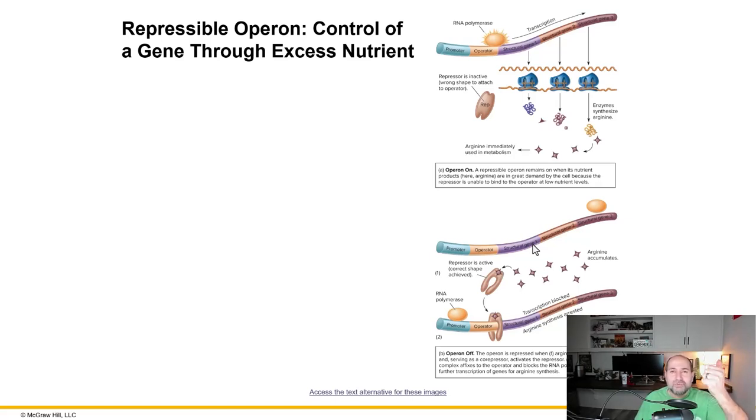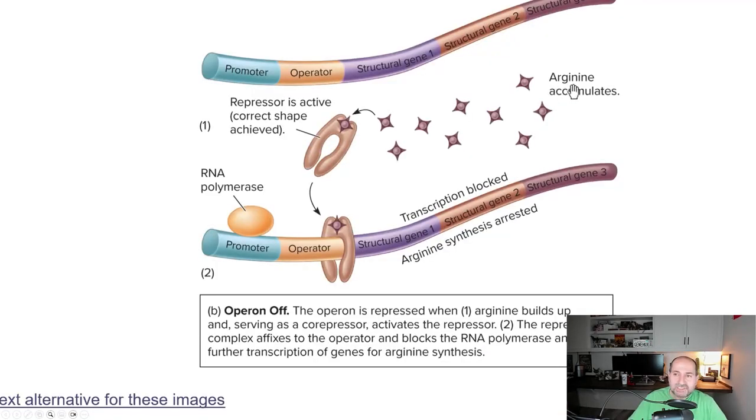Imagine if the microbe encounters a high concentration of arginine. So let's discuss what happens. If arginine accumulates, you have a high concentration of arginine. At some point, when you reach this high threshold concentration of arginine, arginine will bind to that inactive arginine repressor protein and activate it.